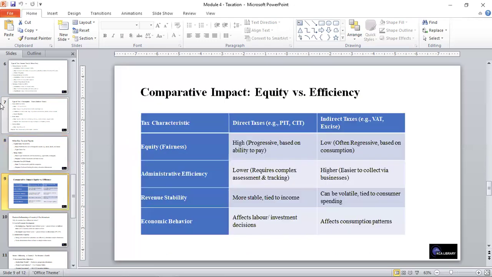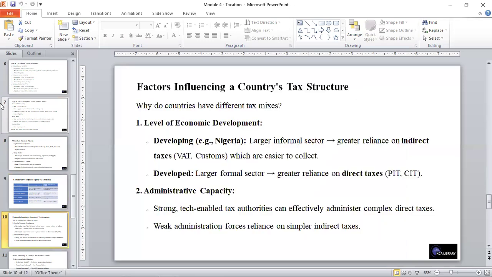And we have the comparison, we've talked about it in terms of equity, fairness. The direct taxes are high in terms of fairness, that is progressive based on ability to pay, and for indirect tax it is low, often regressive based on consumption. We have others we can go through, and there are factors influencing the country's tax structure.